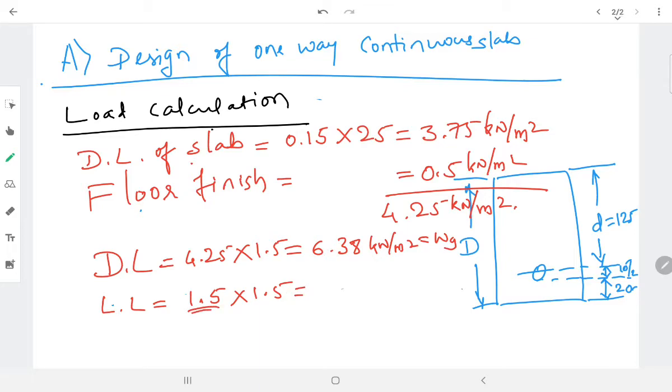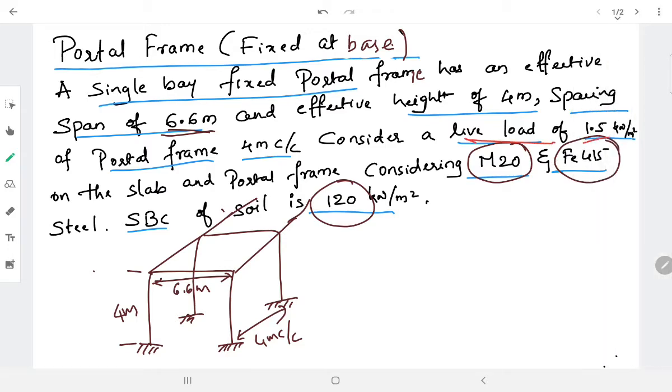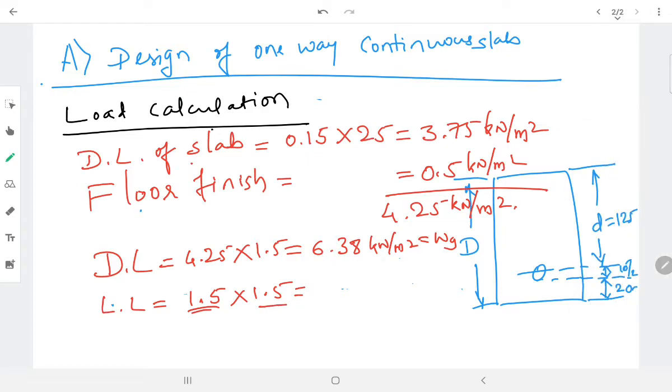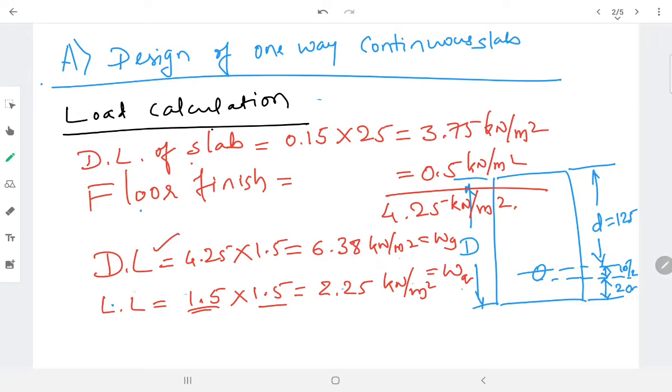You can see here in the problem statement it is mentioned that the live load of the floor is 1.5, so I need to consider that 1.5 with the factor of safety, so it will be 2.25 kilonewton per meter square, which is WQ. This is about the load calculation. We have calculated dead load and live load. Now we'll move to the next step.